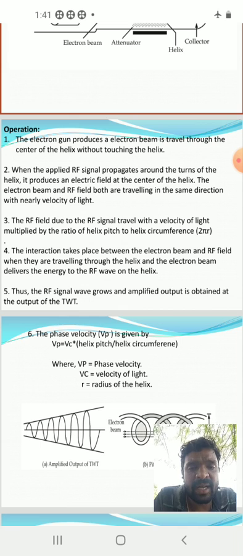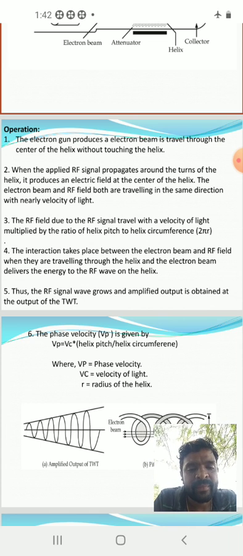The electrons are collected by the collector, which is used for collecting electrons. The RF signal is taken in at the helix input, and this RF signal and the electron beam are transmitted along the helix.